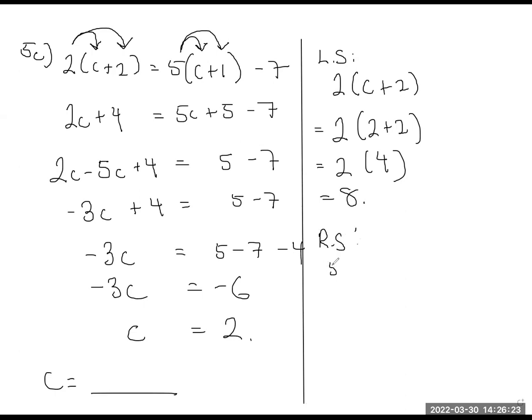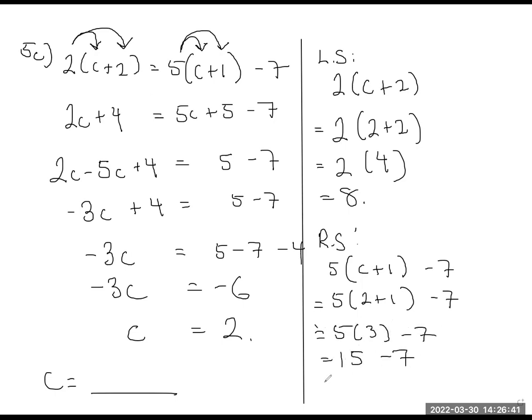The right side of my equal sign was 5 times C plus 1 minus 7. And if C is 2, it's 5 times 2 plus 1, which is 5 times 3 minus 7, 15 minus 7, 8. Left side and right side are equal. So I got it right. I know C has to be 2 if this is true.